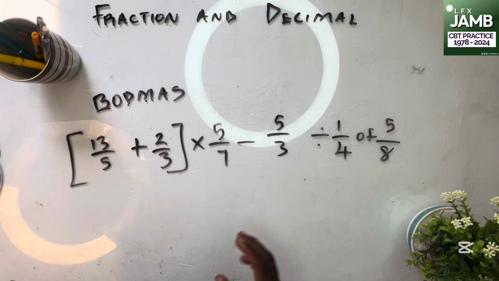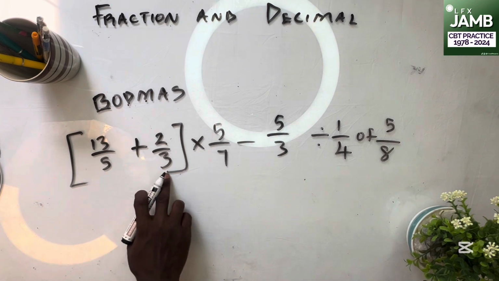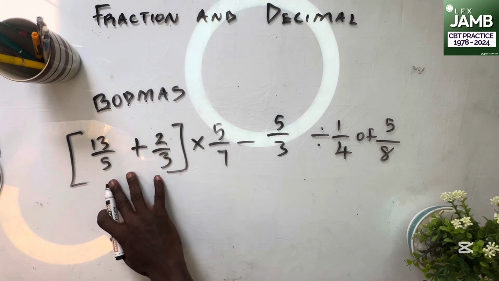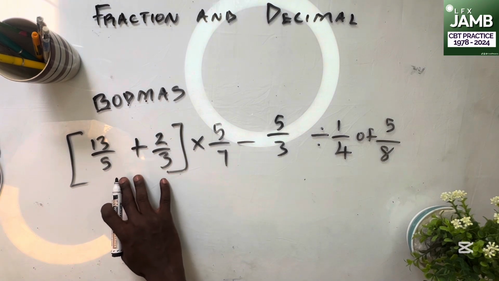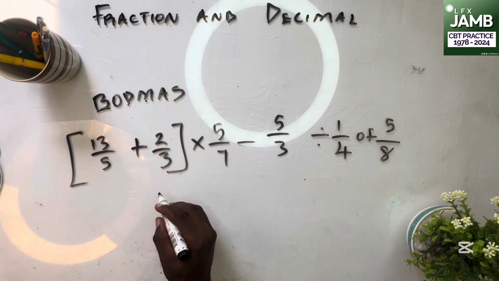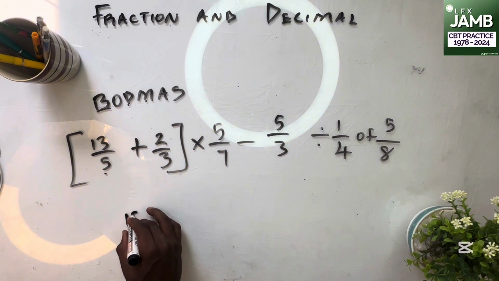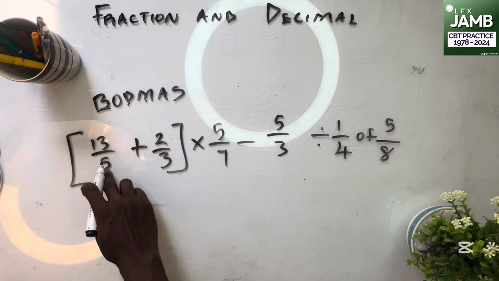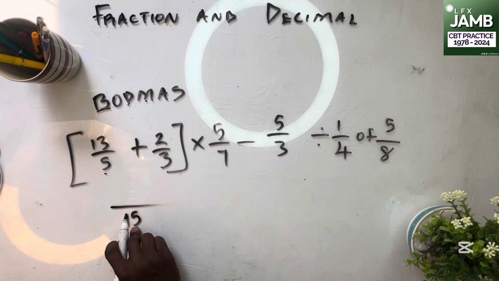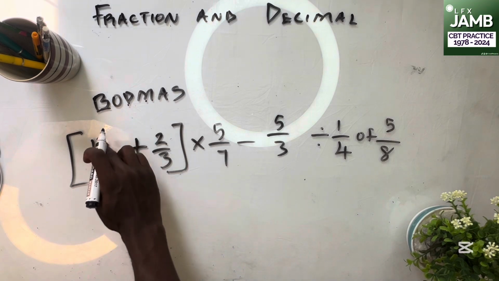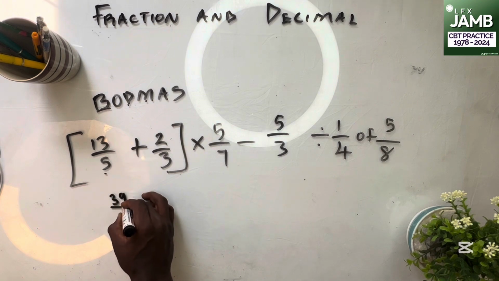So now let's solve the operation. Inside the brackets, we are asked to add. So to add, remember we have to find the LCM. If you still remember the process of finding the LCM, you know that the answer for the denominator will be 15. 5 in 15 gives us 3, and 3 times 13 gives us 39.